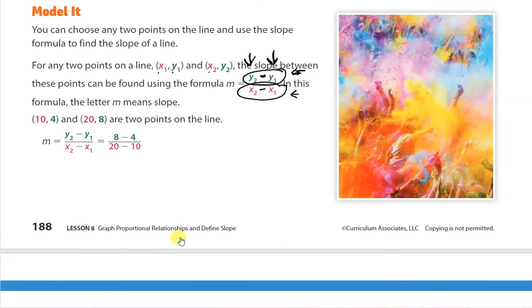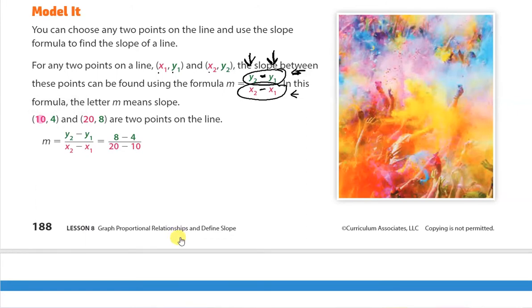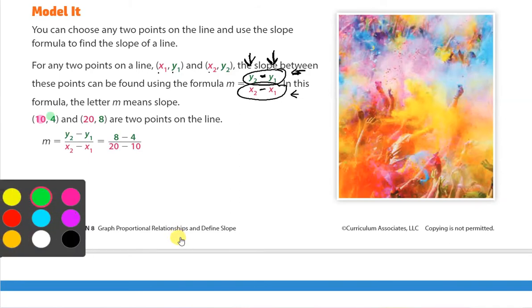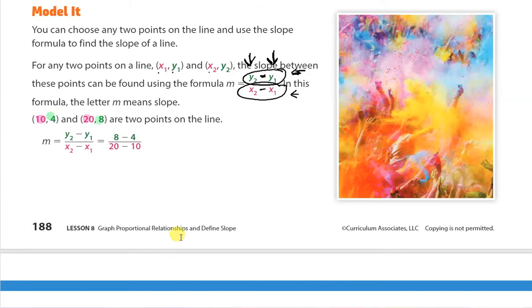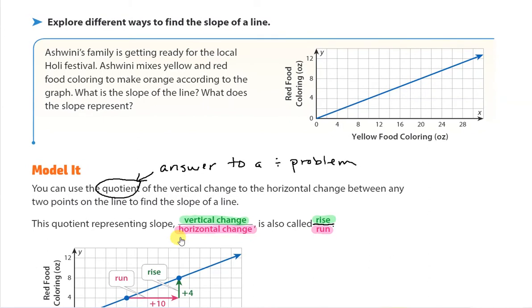So for our example here, they use the point 10, 4 and the point 28. Let's find those up here, shall we? They've got 10, 4, and 28. So these coordinates go first with the y's on top.